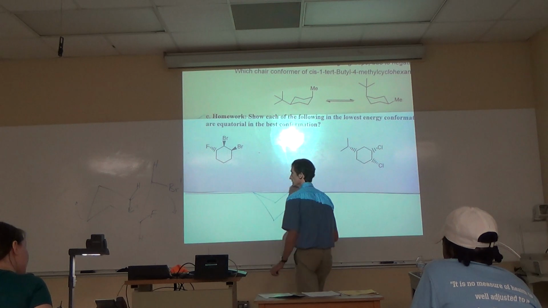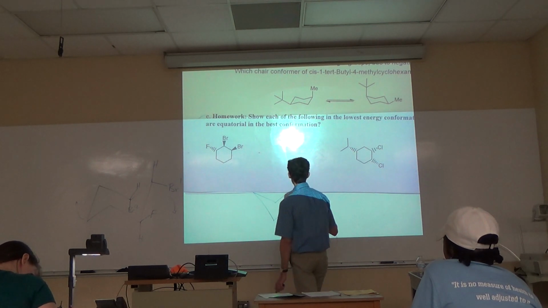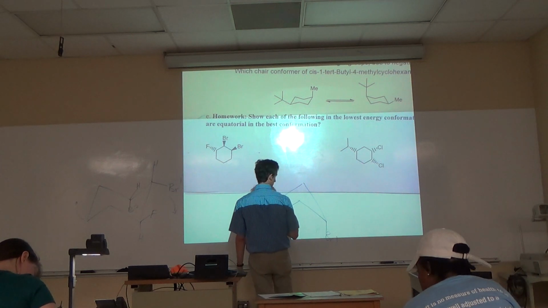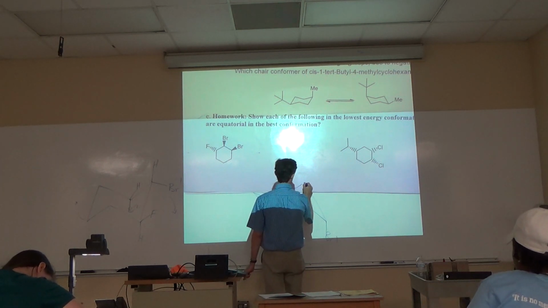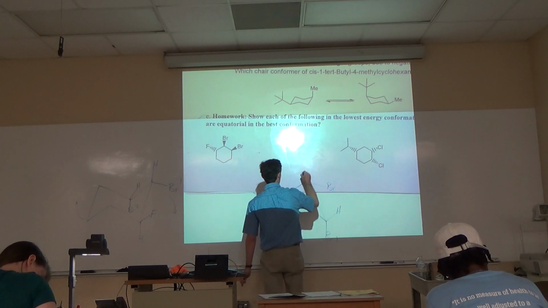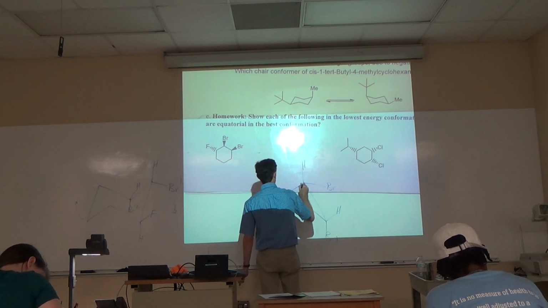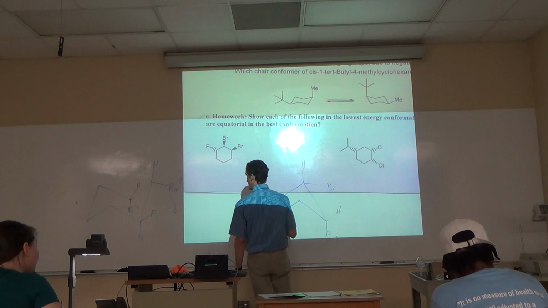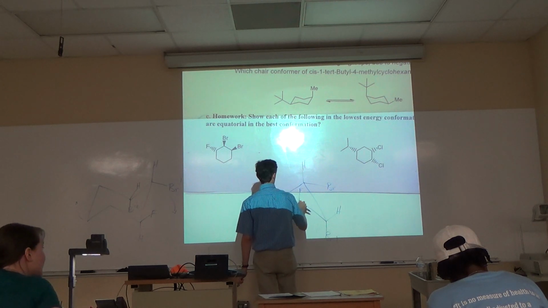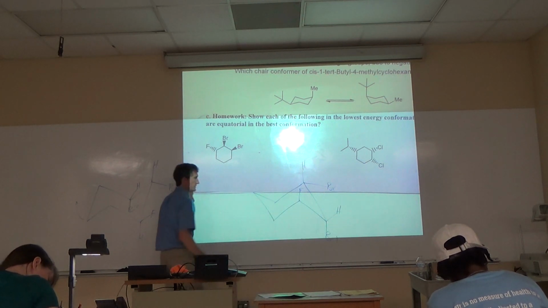Bromine 1 comes here. Bromine 2 is going to be up here. We're going to draw in the H's. And the F comes here. Does that change the molecule any?